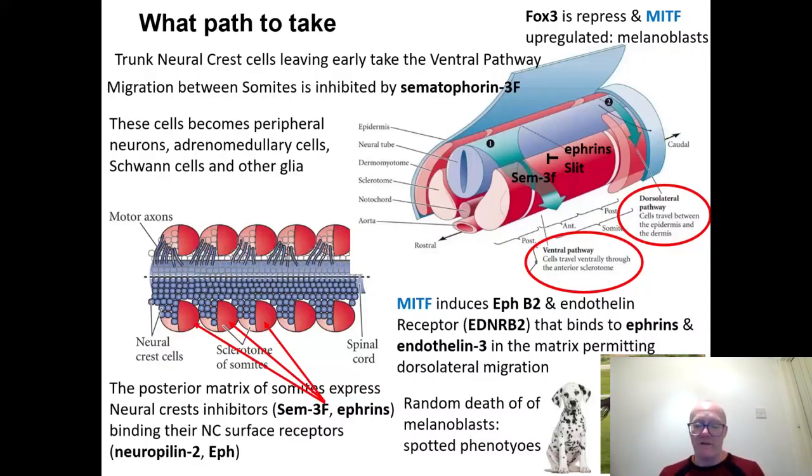Apoptosis is programmed self-death. We are going to talk about this in a minute as well. So, for example, Dalmatian dogs, but also some breeds of horses and some breeds of other animals, have the appearance that they have because of a mutation on the MITF pathway that causes random death of melanoblasts or melanocytes. And this causes these kinds of spotted phenotypes.